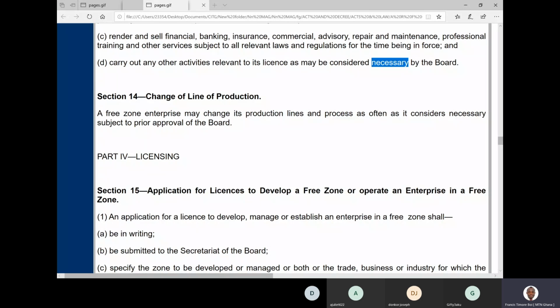So can we now describe, if I come to you fresh as a company and I want to start in free zones, or even I just consult you, will you be able to tell me the processes?